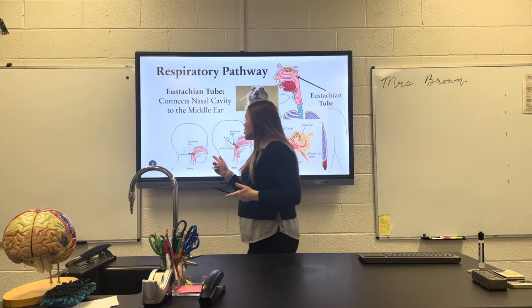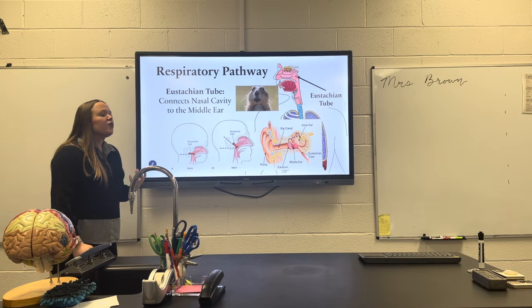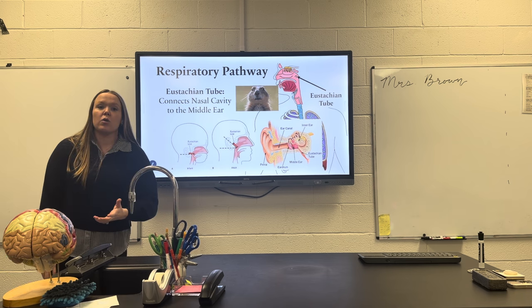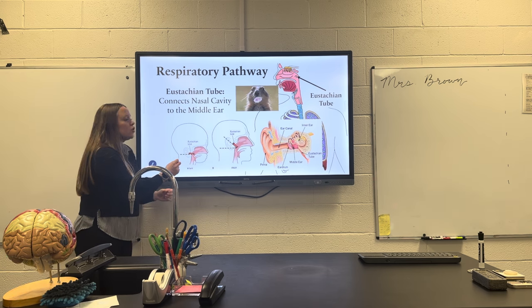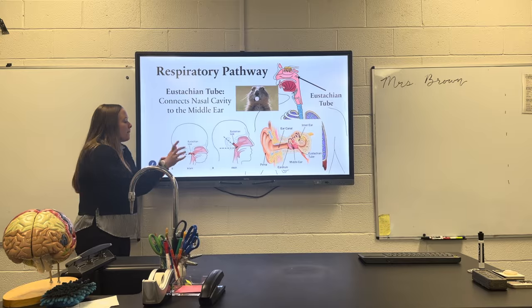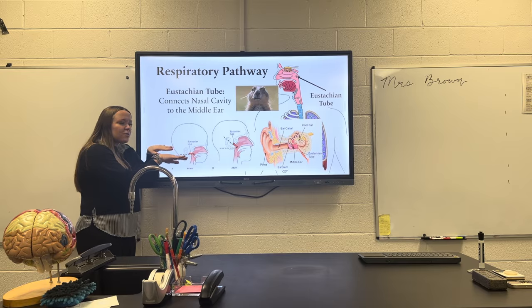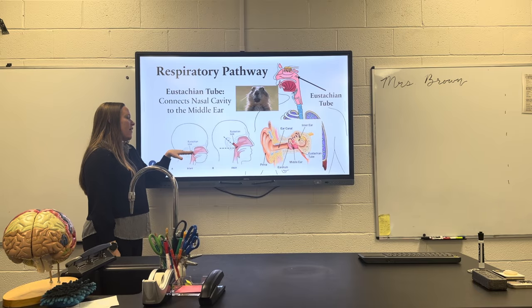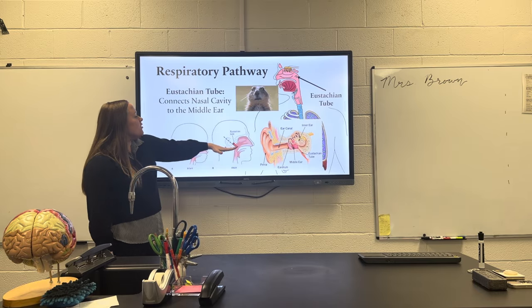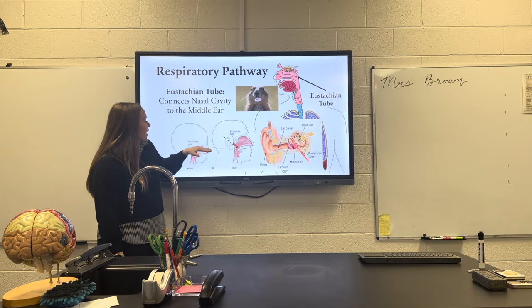But real quickly, this is super interesting. Why do little kids get ear infections so often? This is because when you're young, your eustachian tube is more narrow, but even more importantly, it's more horizontal to your ear and your nasal cavity. As you age, that angle gets greater or less.